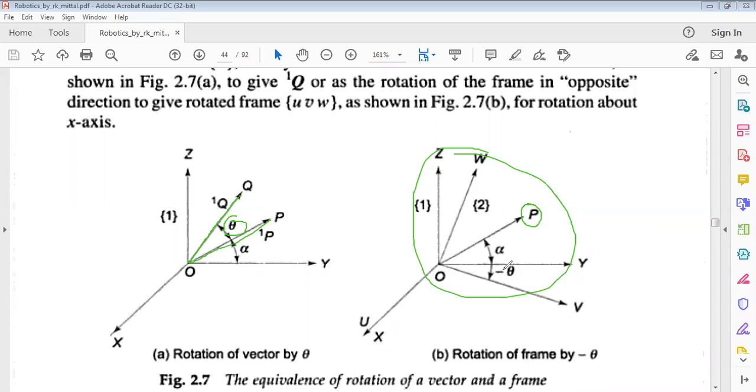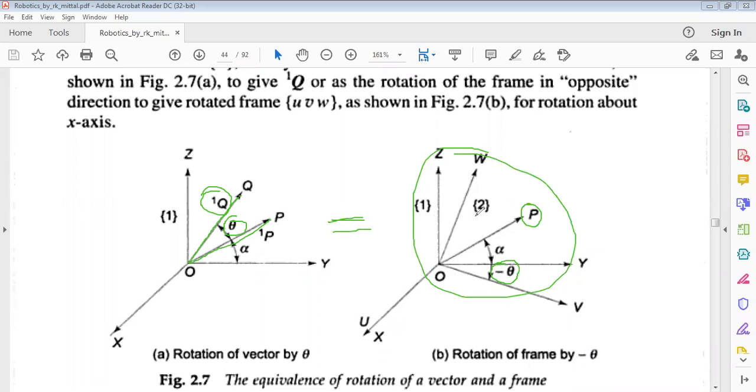See here, minus theta is the rotation of the coordinate frame about the k-axis, the reverse rotation of the vector. So the equation for the vector 1q is the same. In whatever way you find the vector 1q, the relations are identical.